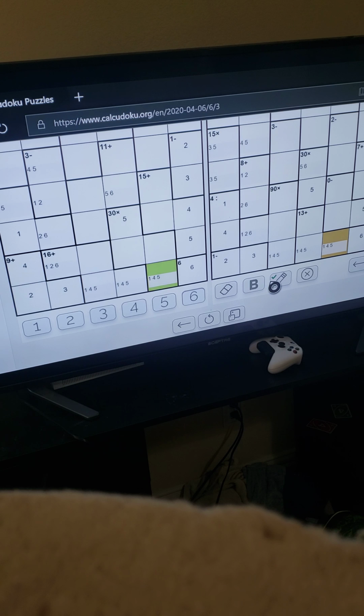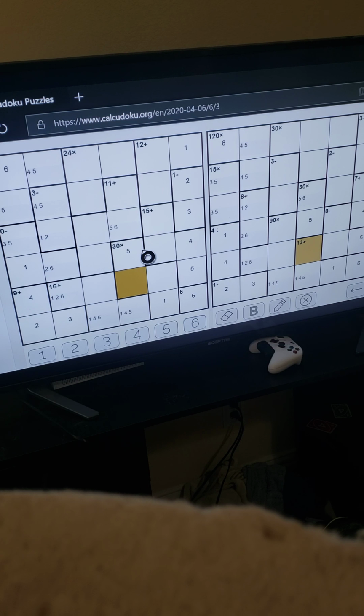And also, this can't be a 4, because 30 is not divisible by 4. I would need these cells to multiply to equal 6. 5 is not divisible by 6, so that must be a 1. Now these two need to multiply to equal 6.